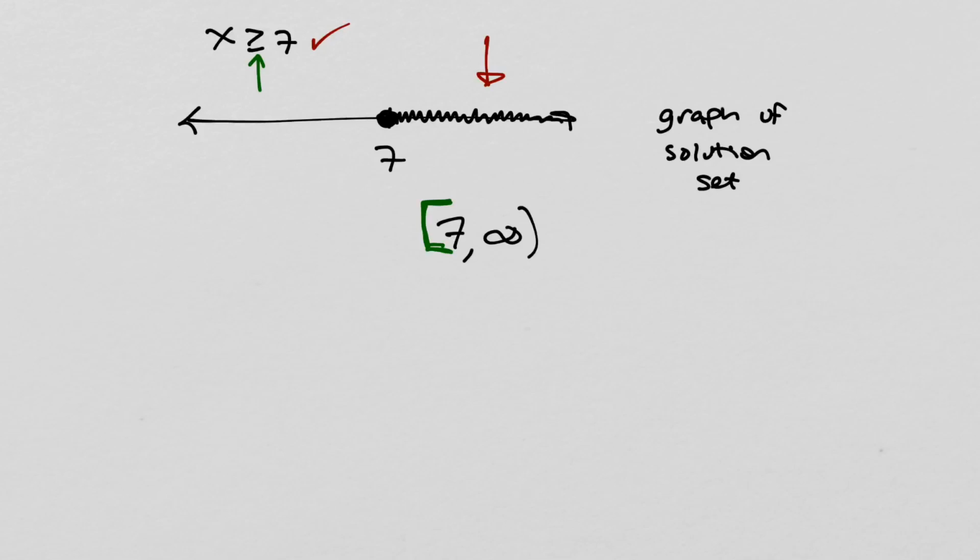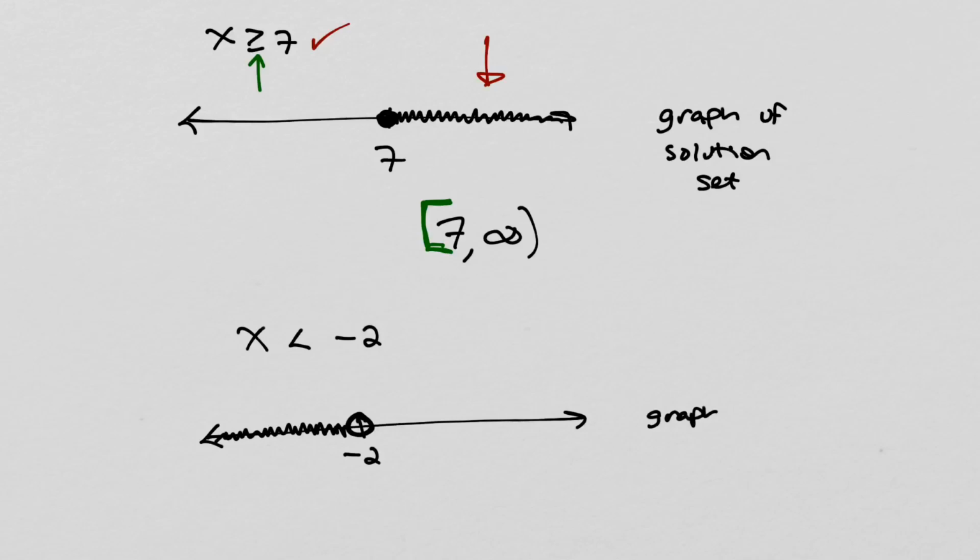If I said to you, what about x less than negative 2? Well, again, here's our number line. There's negative 2. In this case, x can't be negative 2, so what I'm going to do is draw an open circle right there to reflect that I can't use it, but then I want all these values that are actually less than that. So again, this is my graph of the solution set.